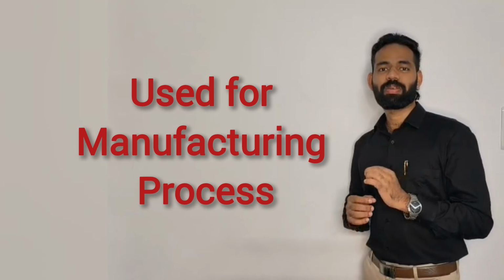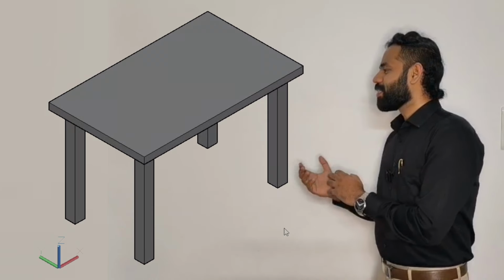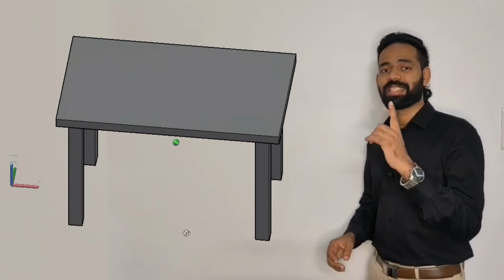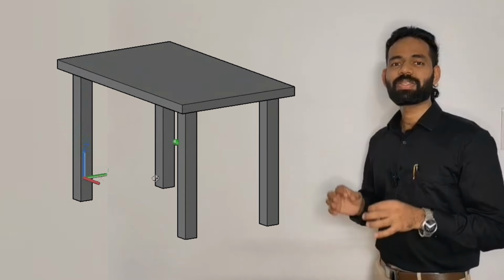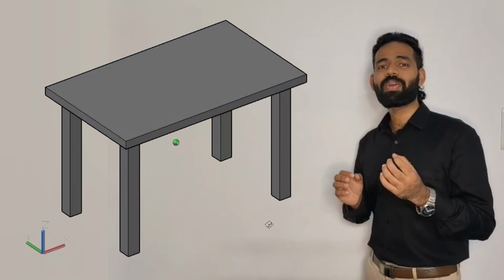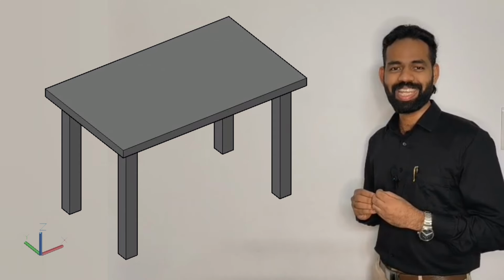But it is really useful for manufacturing purposes. When we discuss the isometric view, we can see the three faces combined in a single picture itself. So it is mainly used to visualize, or it will help us to understand what the object really is.